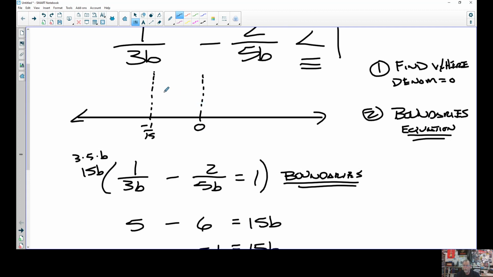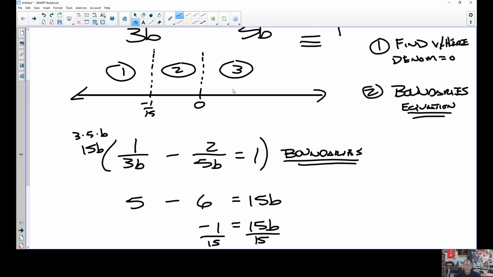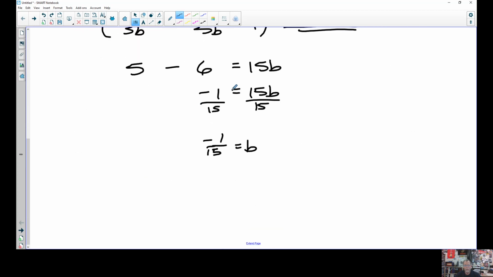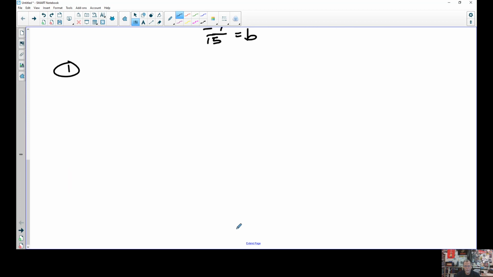So now we have all our boundaries. We've looked at the boundaries created by where the denominator is undefined, and we've also looked at the solution boundaries of the equation. So we have three regions here. All right, and these three regions can be described pretty easily. What I'm going to do next is list those regions.